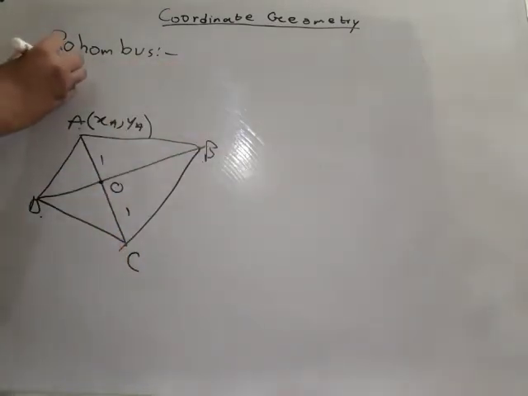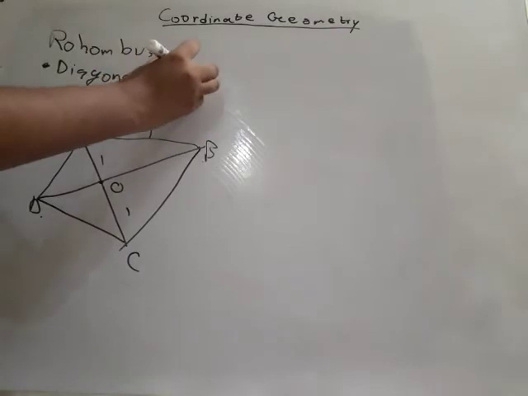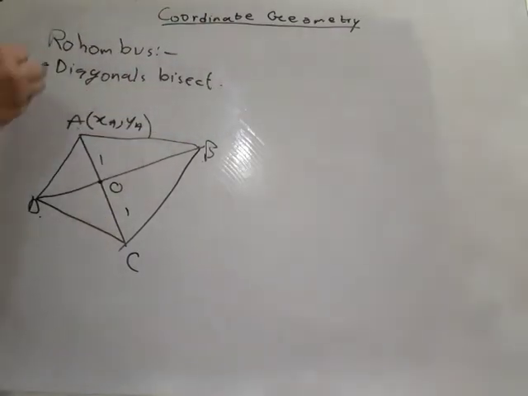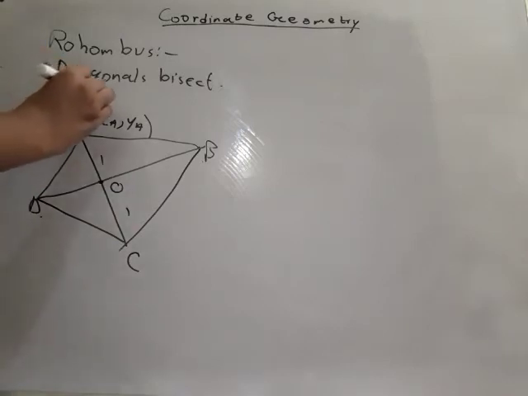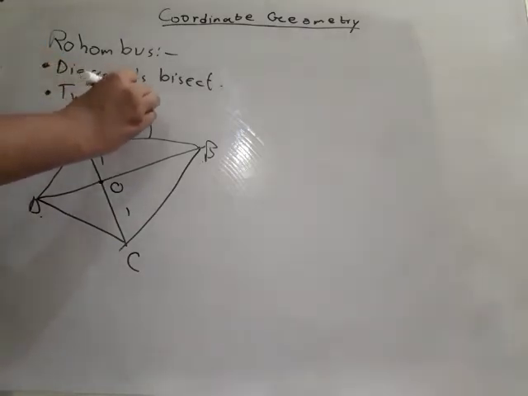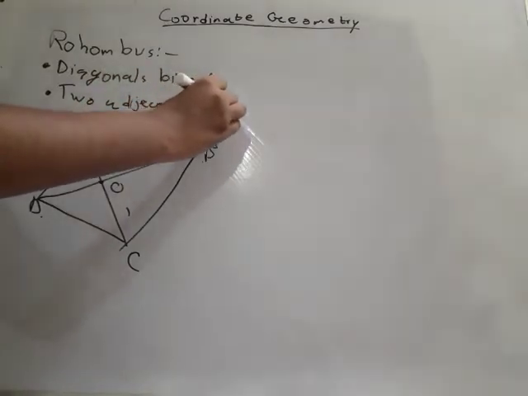So first point, diagonals bisect, and the second point is two adjacent sides are equal.